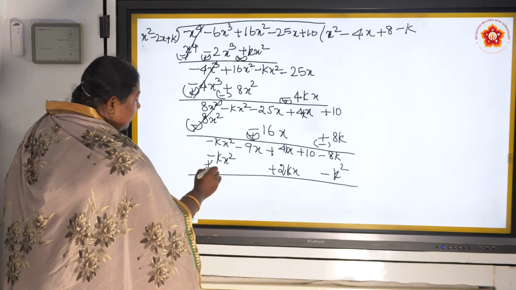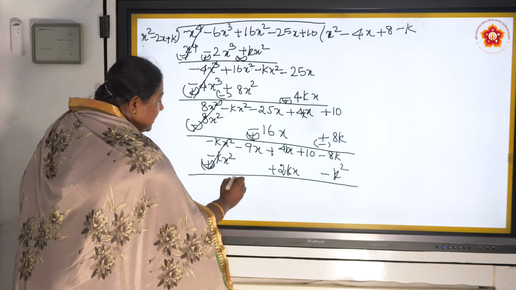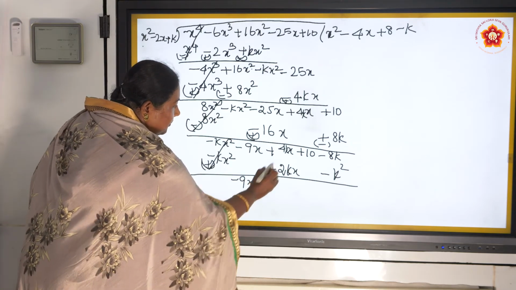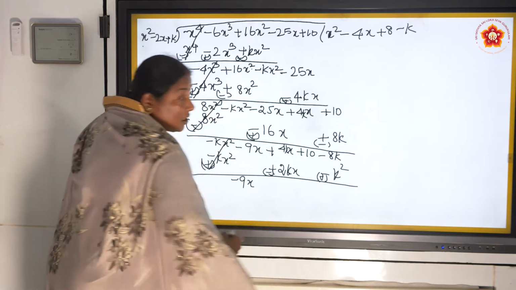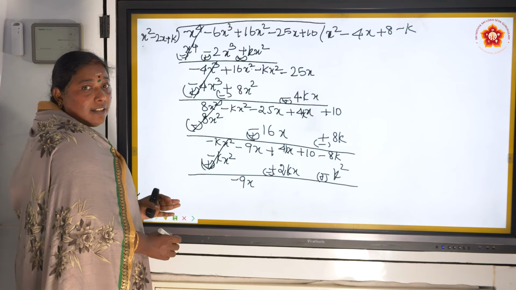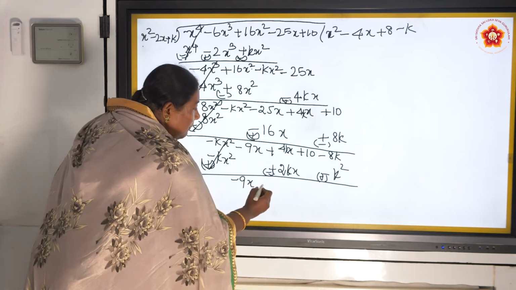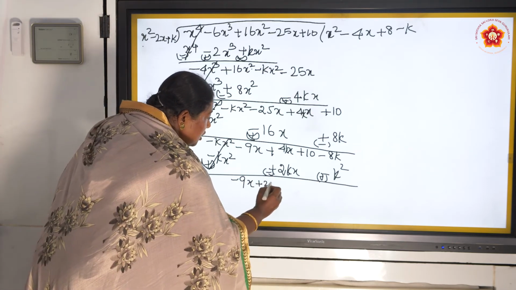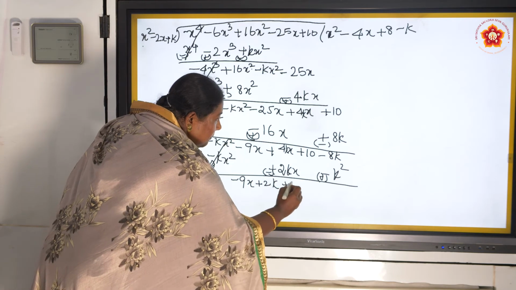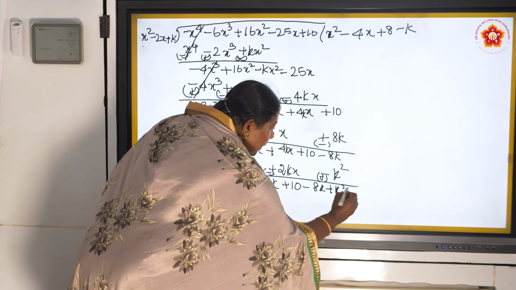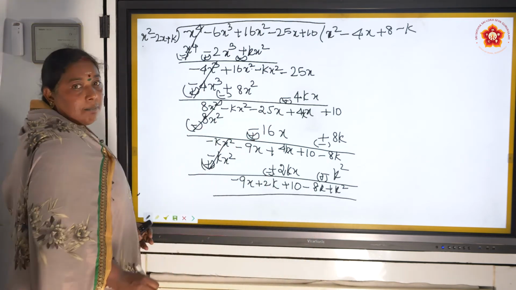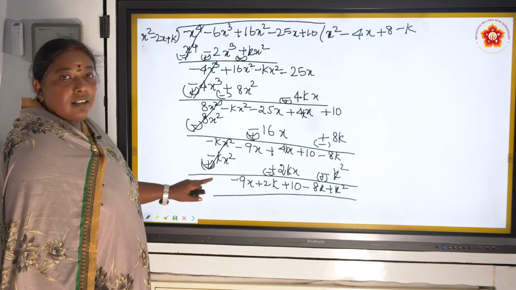So what do I get? First term gets cancelled. Next minus 9x. Here, you have to change the symbol. See, that is a very big mistake we always do. We have to change the symbol. So 4k minus 2k becomes plus 2k, plus 10 minus 8k plus k square. This is my remainder.